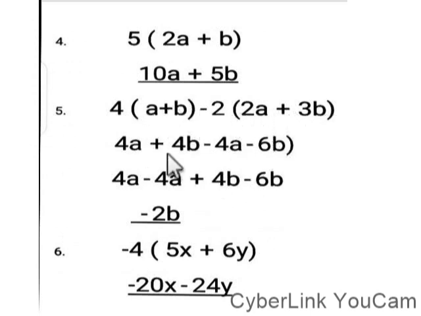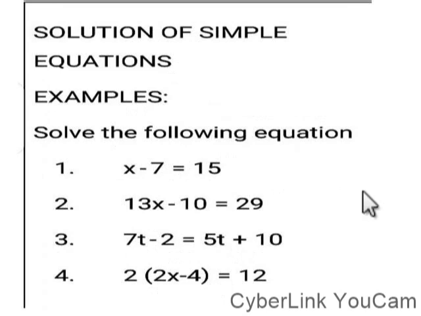So in such a case, we call it expression. But when you have an equal sign, as in the case of this one, x minus 7 equal to 15, that's when you call it equation, because it's been equated, from the word equal. So that is the difference between expression and equation. Without the equal sign, this is just an expression, but now it's an equation.